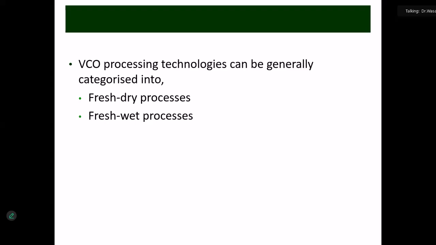Press wet means first you convert the kernel into coconut milk, that is why it is wet, and from that coconut milk you produce VCO. You should be able to compare the difference: the press dry method uses dried kernel, the press wet method uses coconut milk.